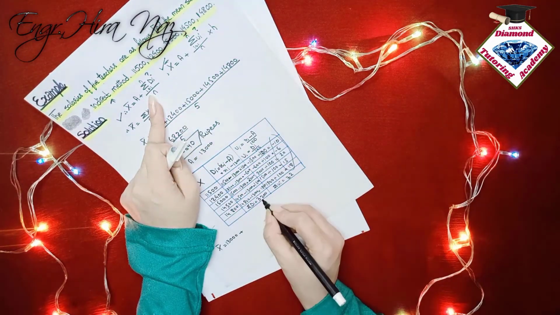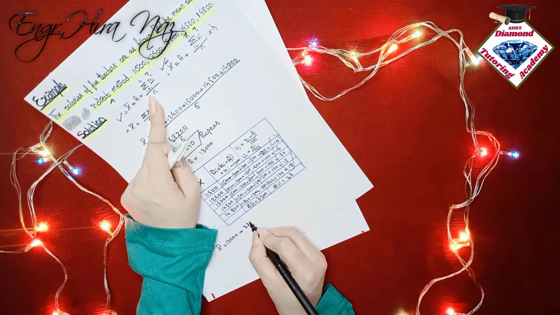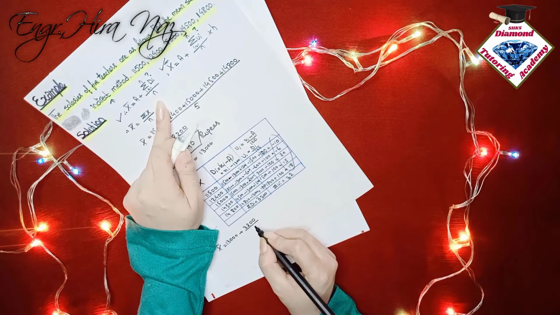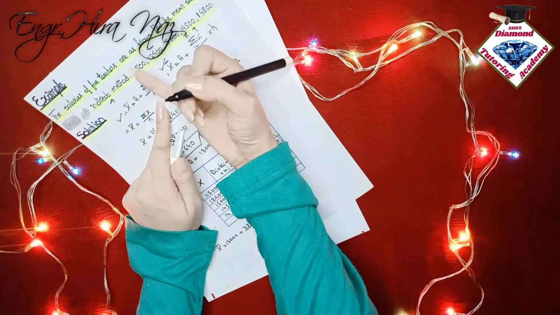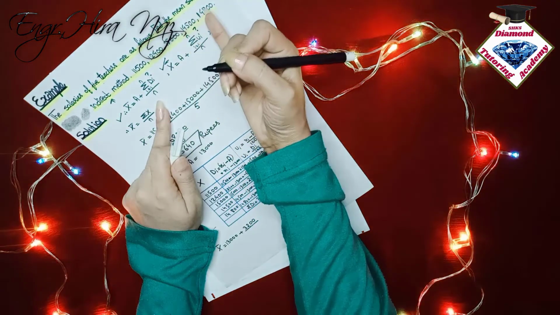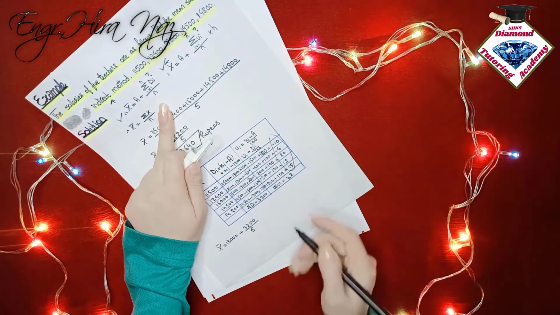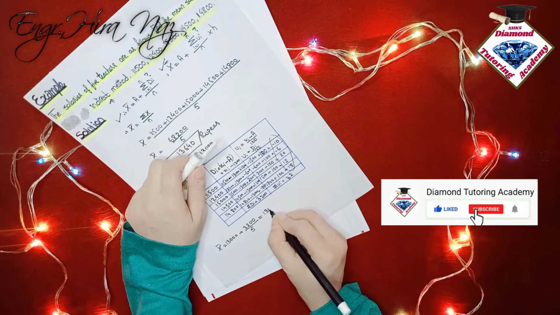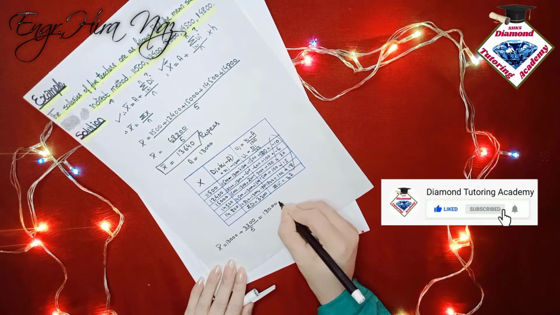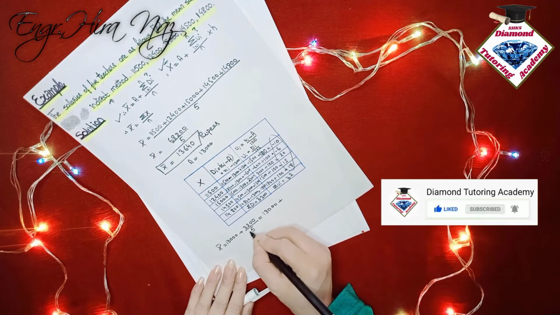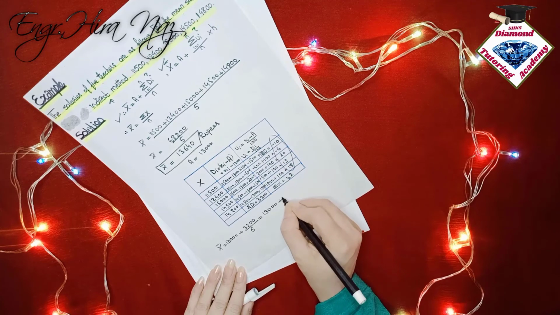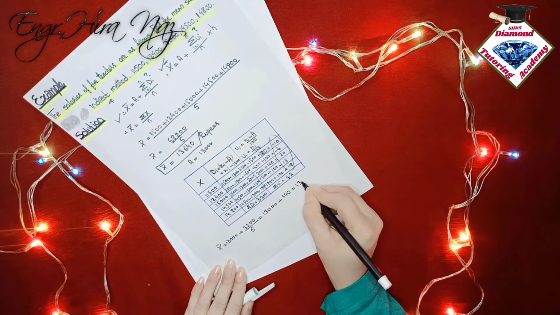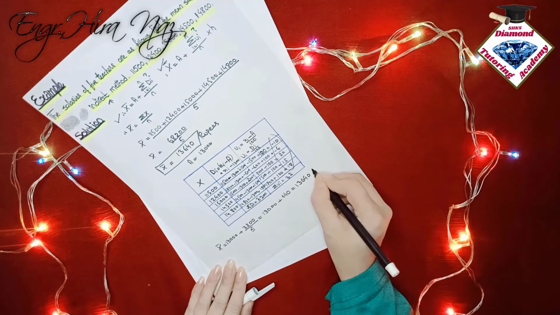So sum of deviation is here 3200 in our case, and the next is number of observations. So number of observations are 5. So we have here 13,000 plus 3200 divided by 5 will give us 640. So we have here 13,640 rupees.